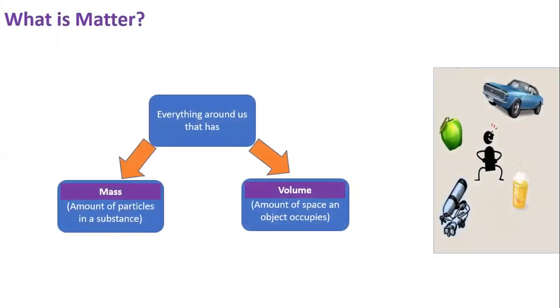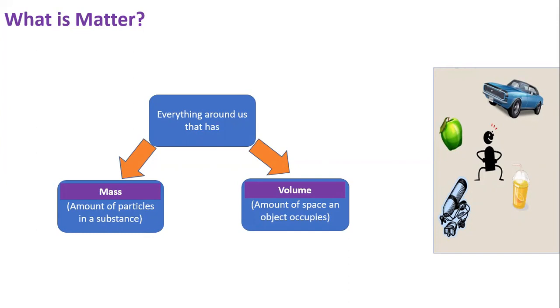What is matter? Matter is something that occupies space and has its own mass. It is something that can be felt by us. Some examples of matter are air, water, food, table, fan, chair, etc. All these things occupy space and have their own masses.